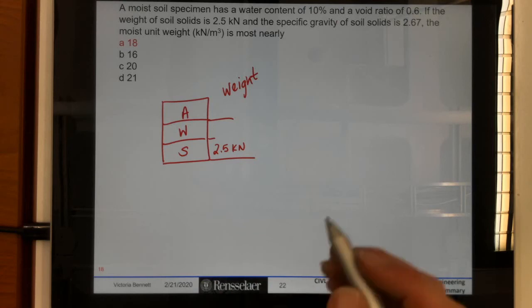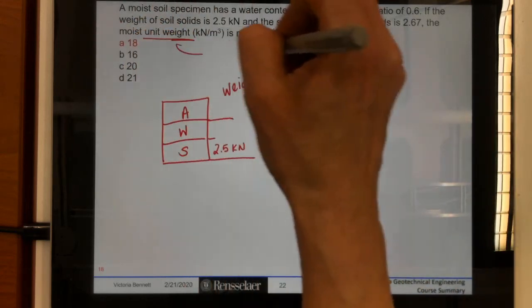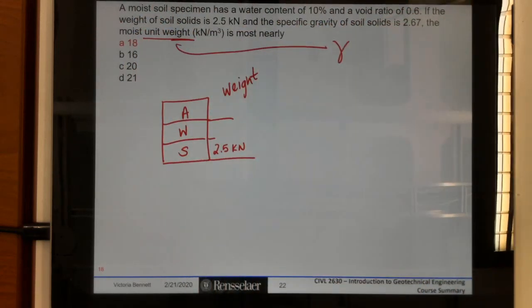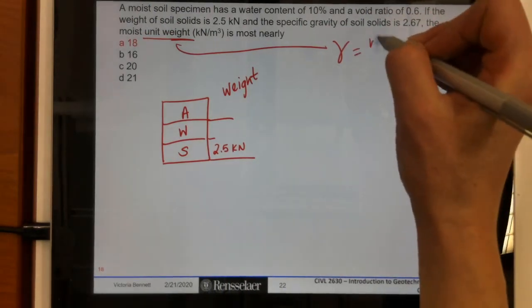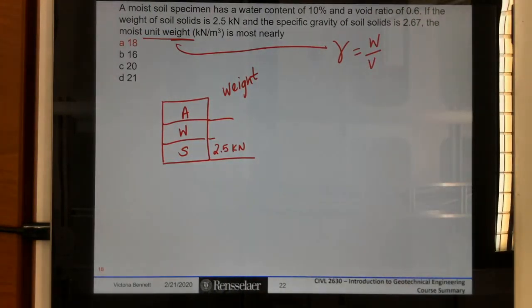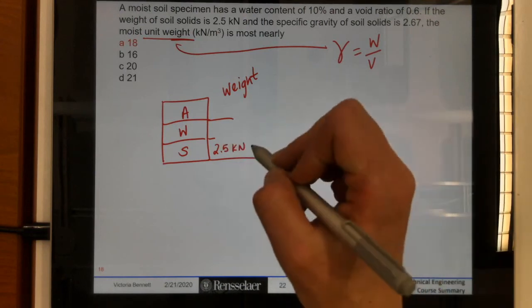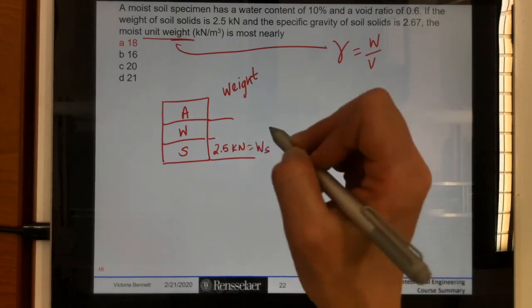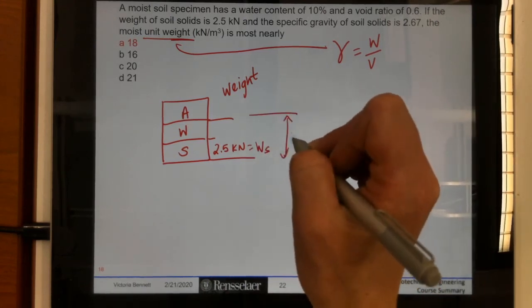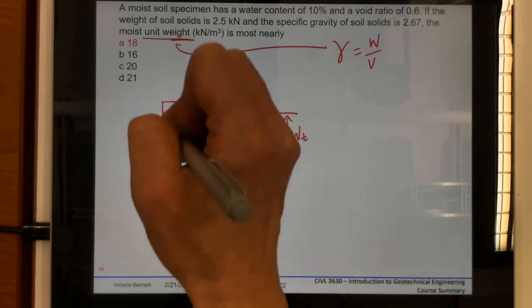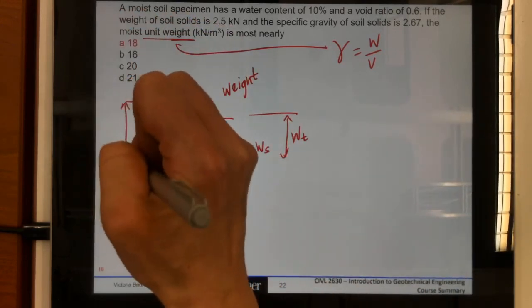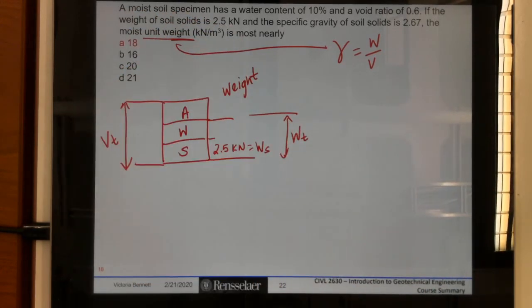So what we want to find, moist unit weight, is a total unit weight. Total unit weight is going to be a weight over a volume, total weight over total volume. How do I get to those pieces, right? So I have my weight of solids. My total weight is over there. My total volume is over here. I have some pieces to get there.